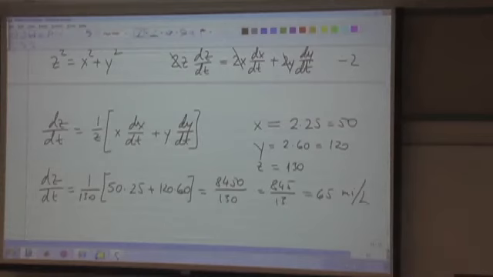Miles per hour. Does this make sense? Yes?